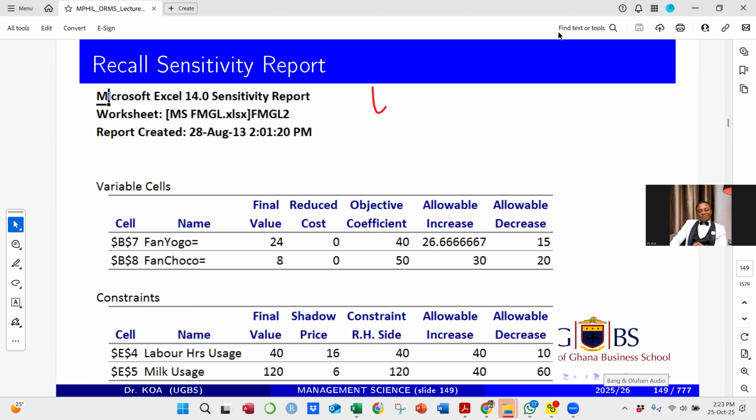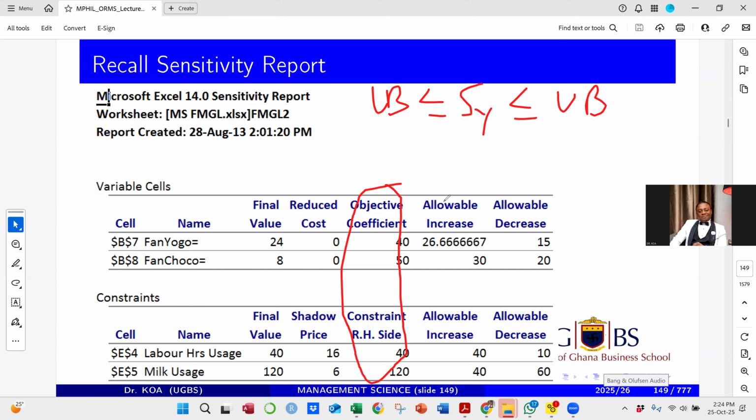It has a lower bound and an upper bound. The lower bound is the coefficient minus the allowable decrease. And the upper bound is the same coefficient plus the allowable increase.